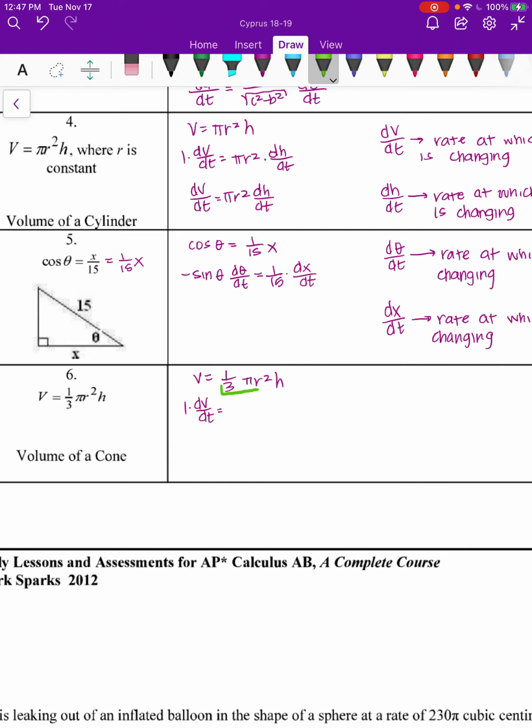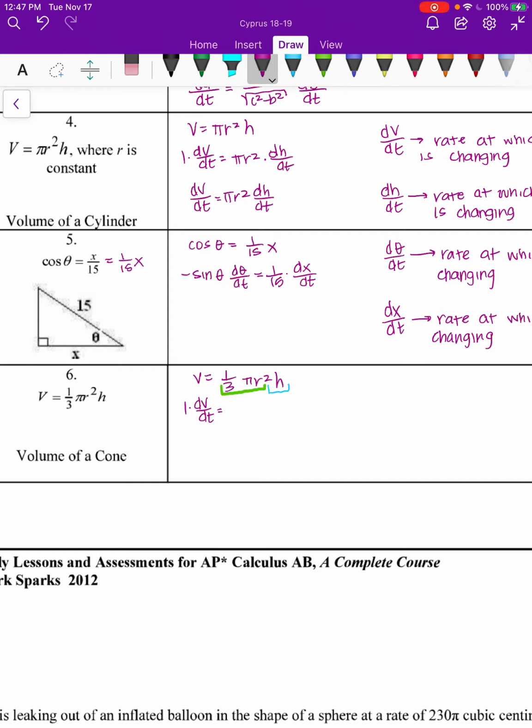And then when I get to the other side, this is actually a product rule. I have 1/3 pi r squared, and I have h. Those are 2 separate things that are being multiplied together. This is a product rule. So when I do the derivative, I need to use the product rule.